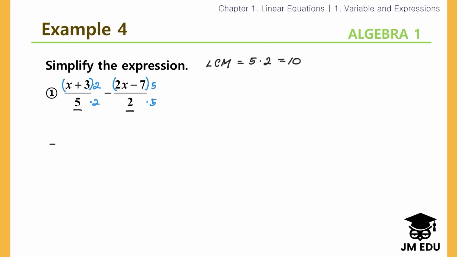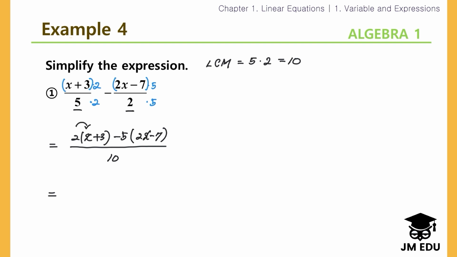right? So let's rewrite this expression. So that's going to be 2 times parentheses x plus 3 minus 5, right? Minus 5 times the parentheses 2x minus 7. And our common denominator is equal to 10, right? So that is equal to, let's remove these parentheses.